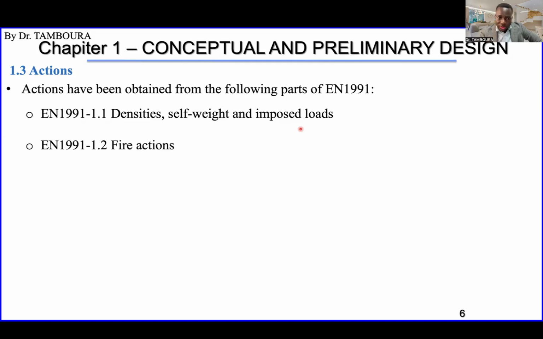Section 2 is about fire actions, okay? And section 3 is about snow load, because you have to know what the load of snow is and how you apply it to the building.